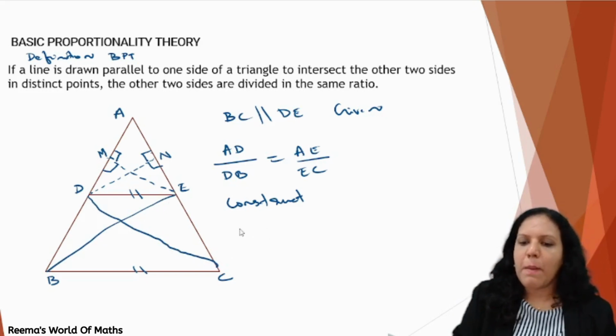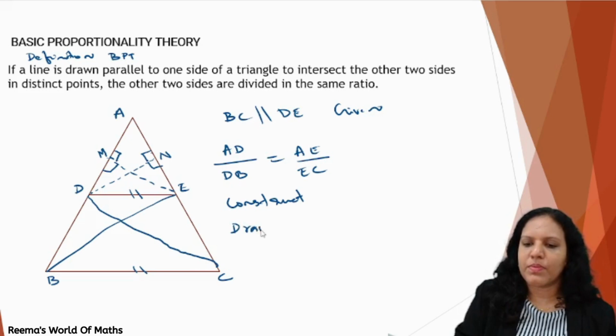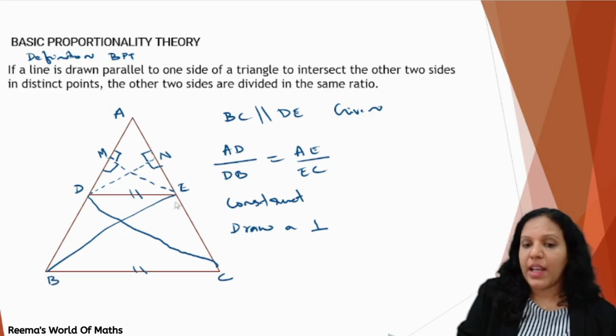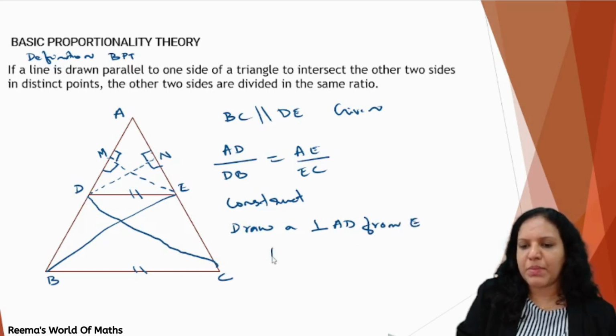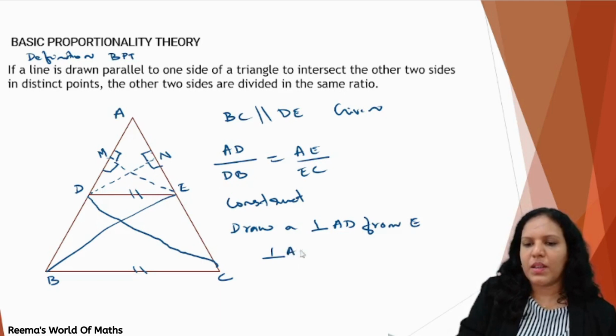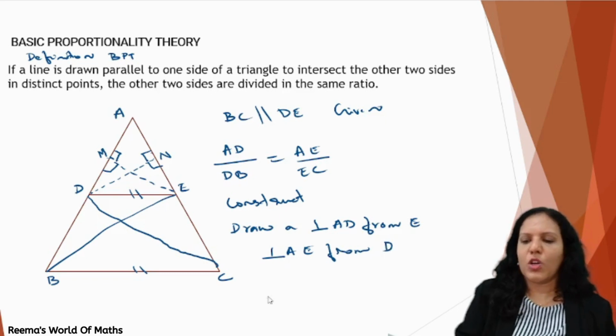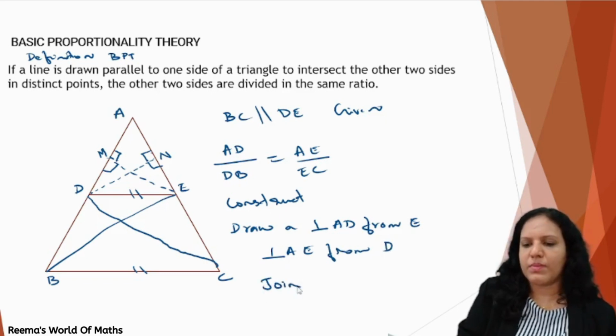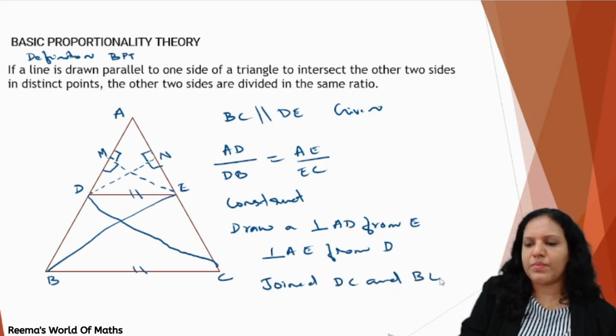So what we have done: we have drawn a perpendicular to AD from E, and a second perpendicular to AE from D. Also we joined DC and BE.